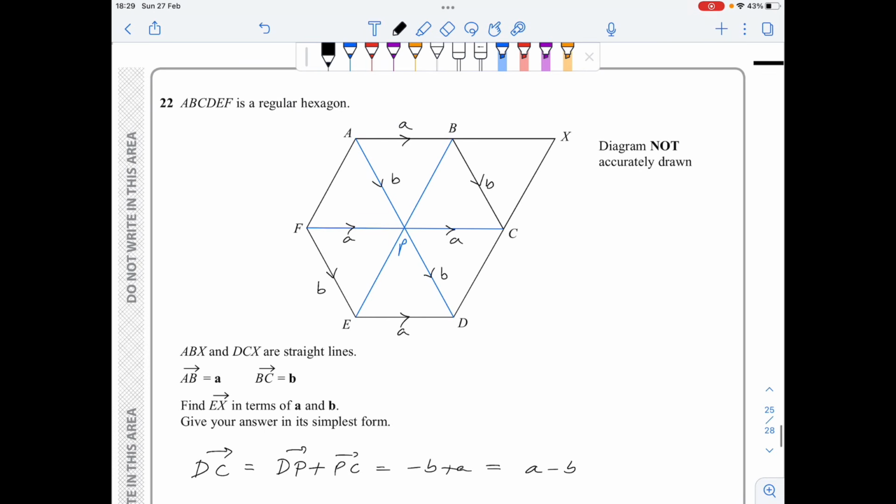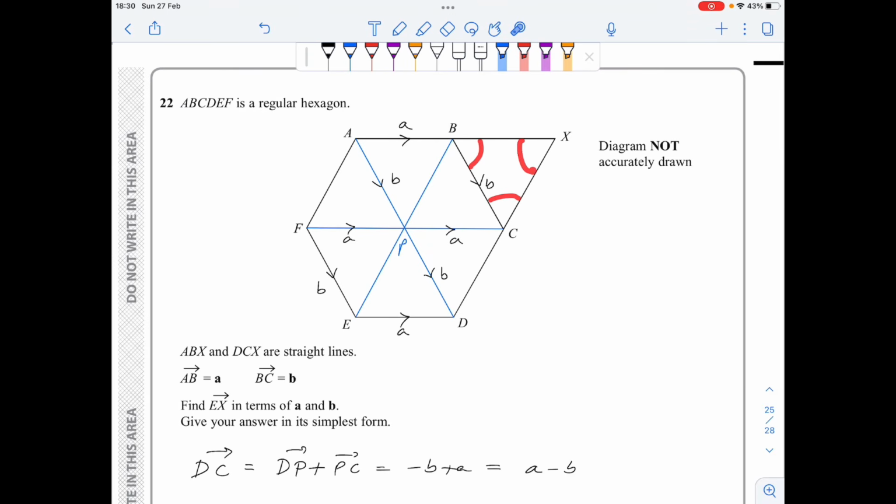Now note that the triangle BCX, this triangle here, is an equilateral triangle, and it is exactly the same as any of the other 6 triangles. Note that these 2 are parallel and equal in length. This is an exterior angle of a regular hexagon at 60 degrees.